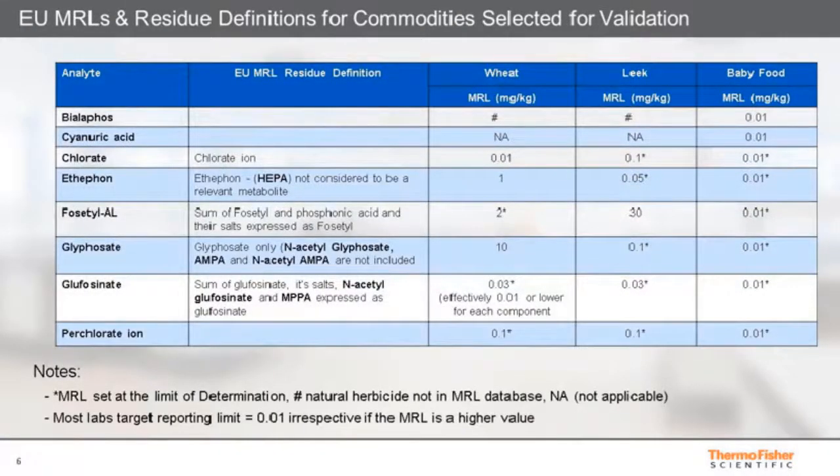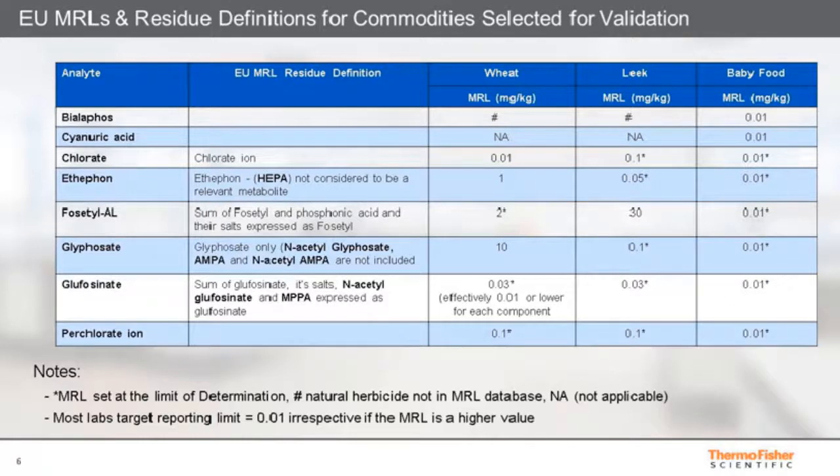Another issue shown in these slides is the variation in the current maximum residue levels for the different commodities, most of which are set at the limit of determination, as shown in the table covering the three different matrices used for validation in this study: wheat, leek, and baby food.